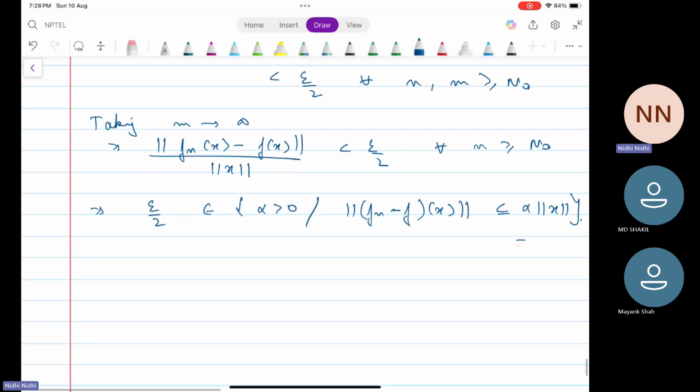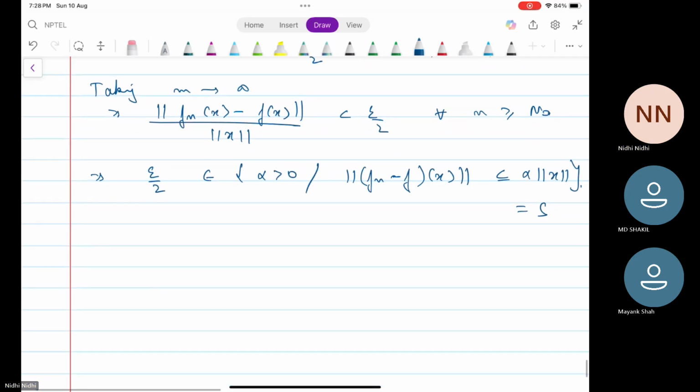If I denote this set by S, then epsilon by 2, since every element is greater than or equal to its infimum, is greater than or equal to the infimum over S, which is equal to the operator norm of Fn minus F.